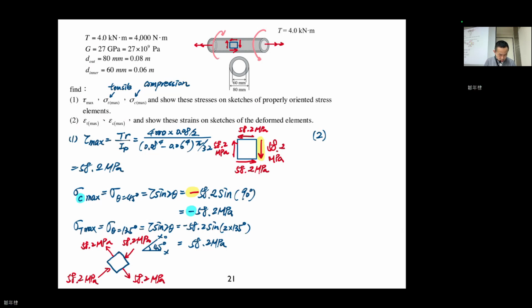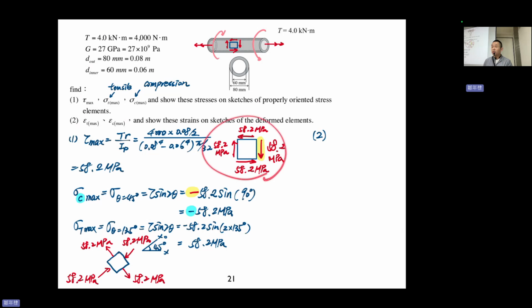Oh, well, before I do this, I also want to give you extra information. All right. How about this one? This is the stress element. What does the deformed element look like?